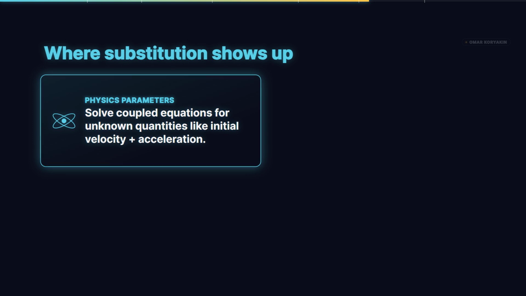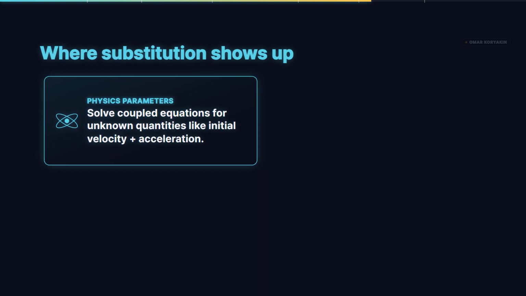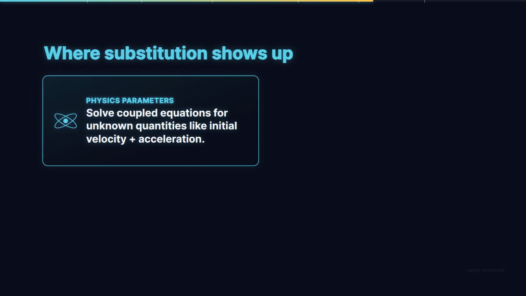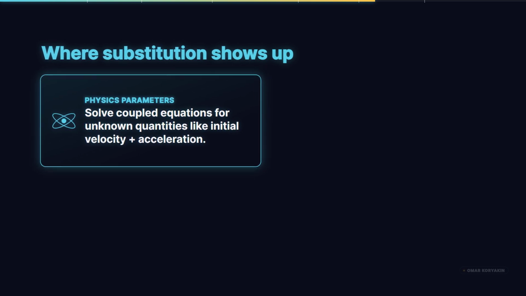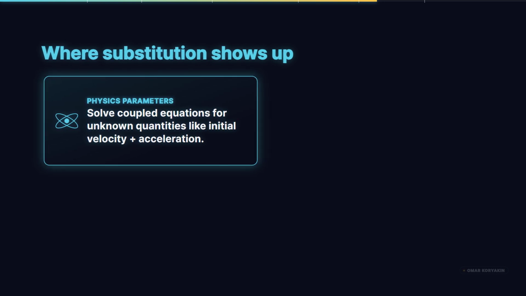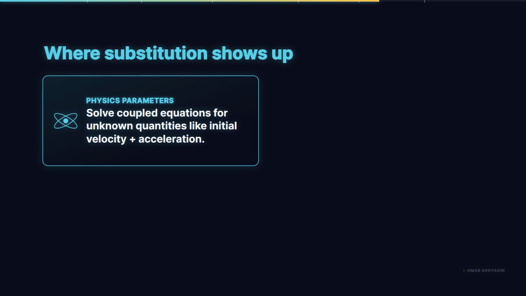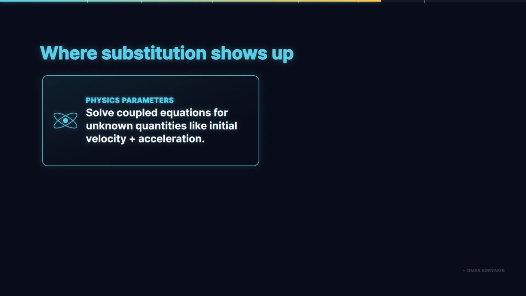In physics, when 2 coupled equations describe a system with 2 unknown parameters like initial velocity and acceleration, substitution provides the standard algebraic path to the unknowns. Each equation expresses one constraint, and substituting one equation into the other reduces the problem to a single equation in one variable. The technique scales naturally to 3 or 4 coupled equations through repeated application, exactly the same 5 steps applied iteratively.